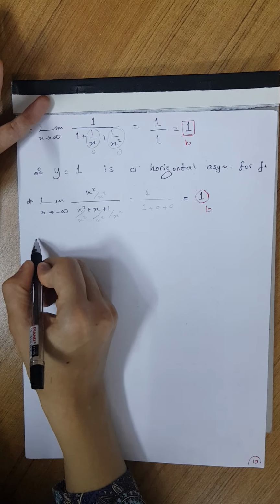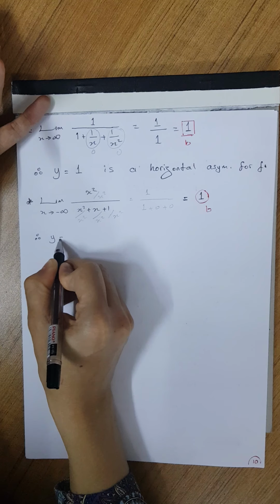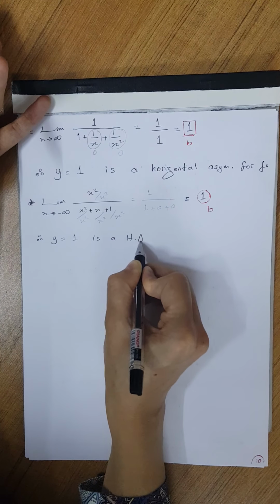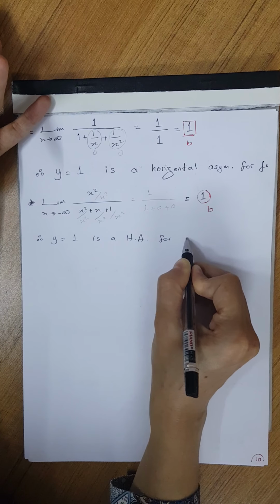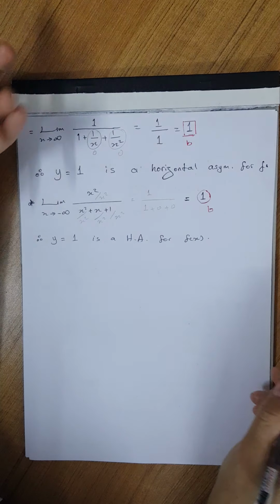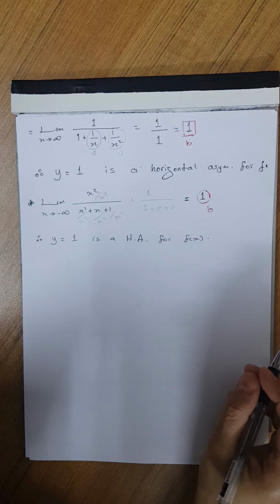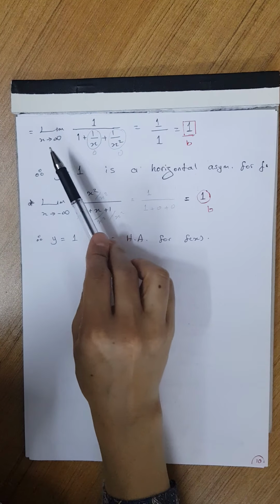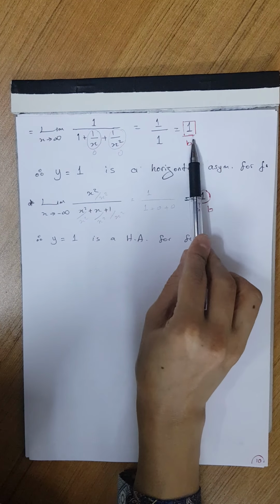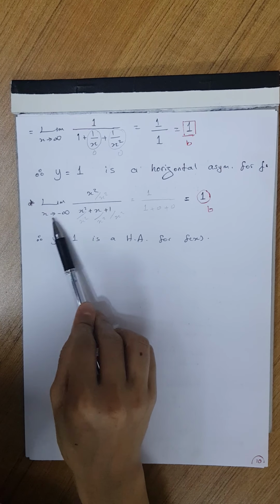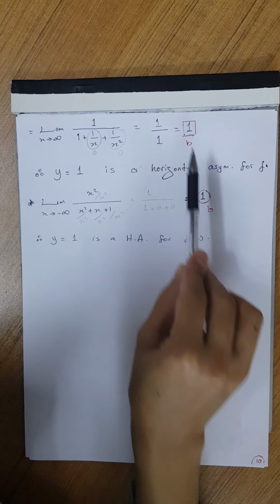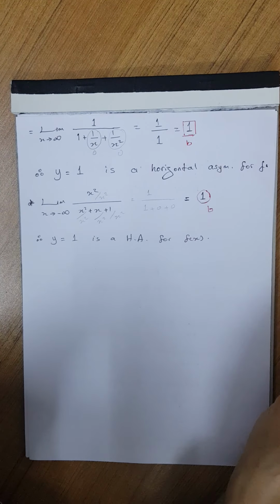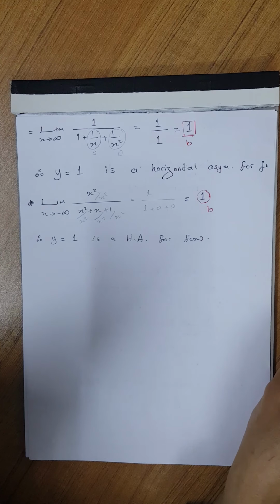So in general, y equal to 1 is a horizontal asymptote for f of x. So how many horizontal asymptotes do we have? We have only one, because we calculated the limit as x is approaching infinity and got 1, and as x is approaching negative infinity, again we got 1. Even if they are not equal, of course, that is the horizontal asymptote for the function.